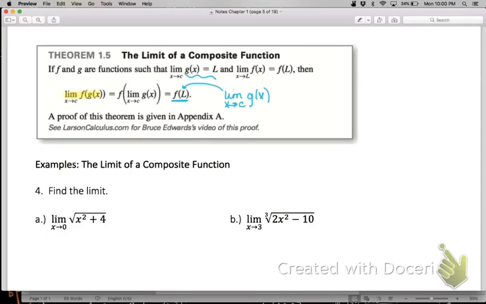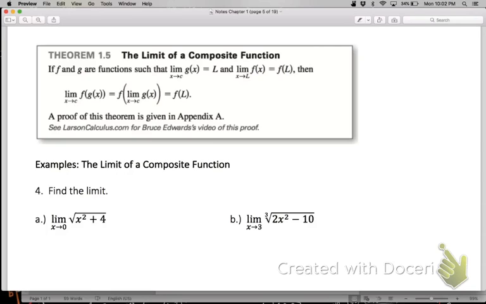So we have to start with g of x, figure out the limit, and then go from there. Now, the limit of a composite function, you almost have to kind of break it down.